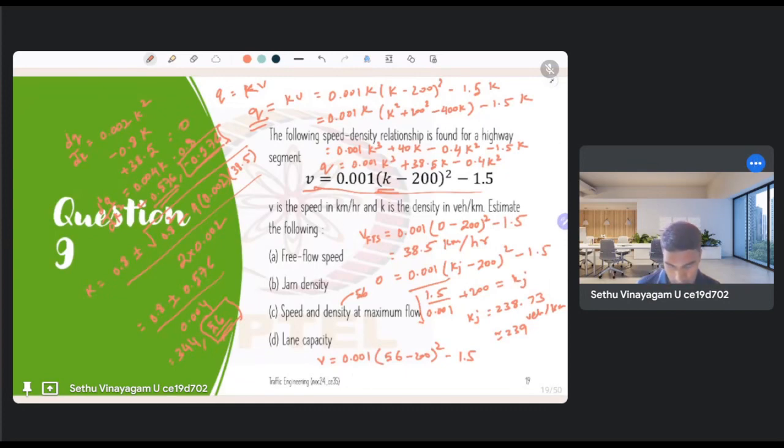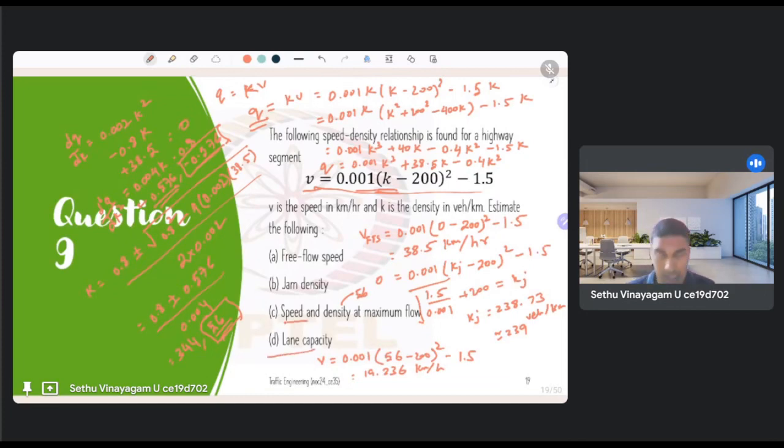That is 19.236. Okay, so kilometers per hour. So this is the speed corresponding to the maximum flow, right? Because speed and density have a monotonic relationship, we can directly substitute the density corresponding to maximum flow and get the speed as well, right? So that is for speed.